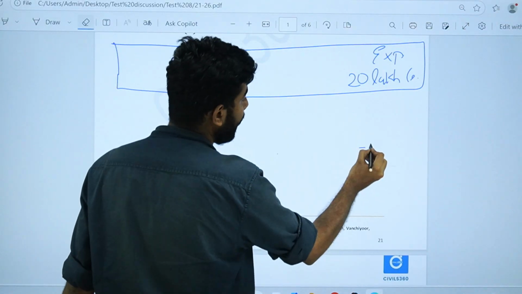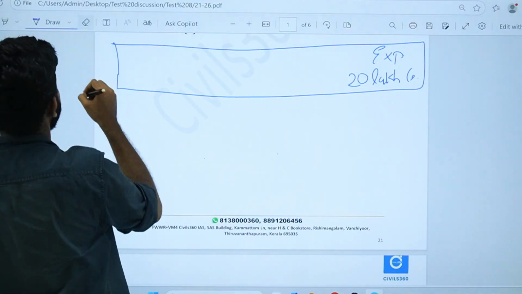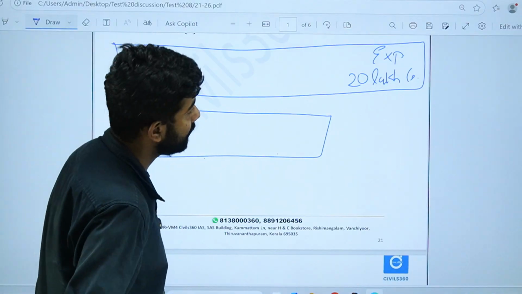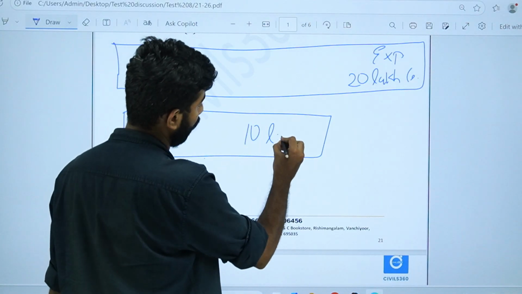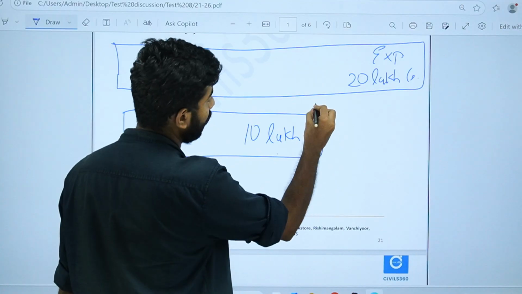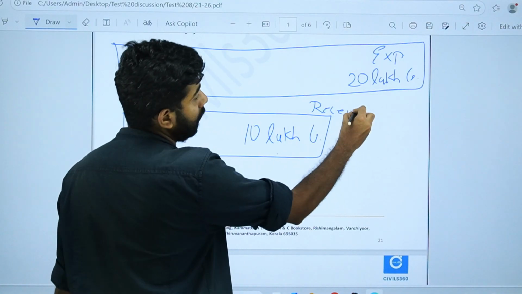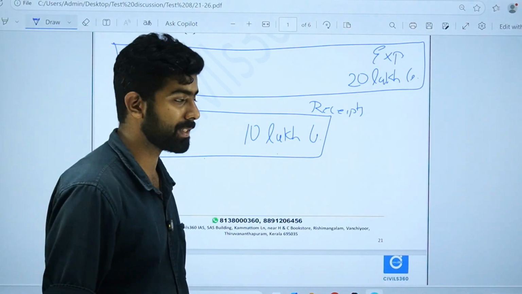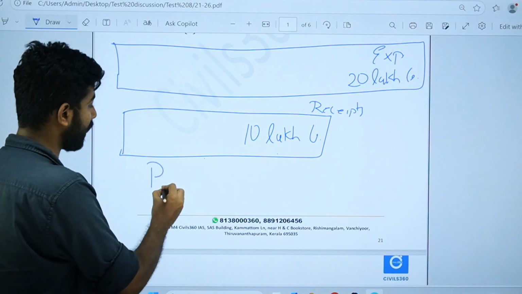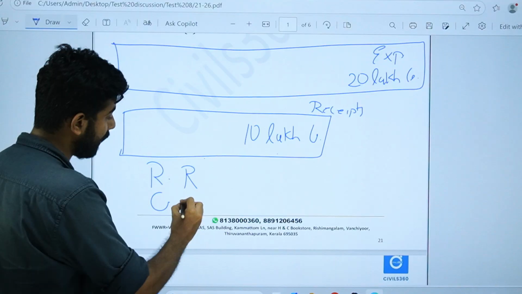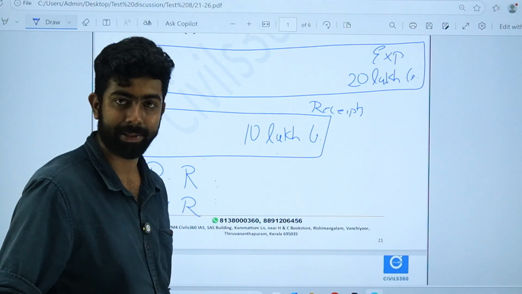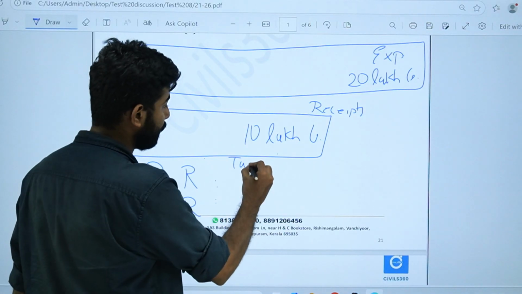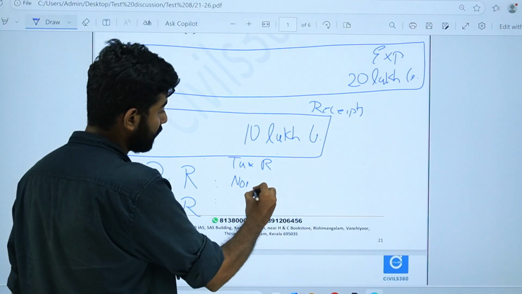Now say the receipts are 10 lakh crore. So expenditure is 20 lakh crore, and receipts are 10 lakh crore. Receipts can again be divided into revenue receipts and capital receipts. Revenue receipts include tax receipts and non-tax receipts.